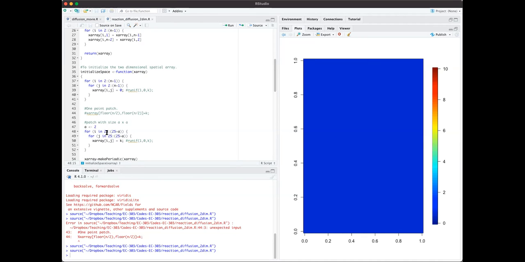So since the system size we were using was 50 by 50, I have roughly centered it around 25. In fact, a better thing for me to do is, let's say AC standing for center. Let's actually say C. Okay, this would be a slightly better way of coding it.